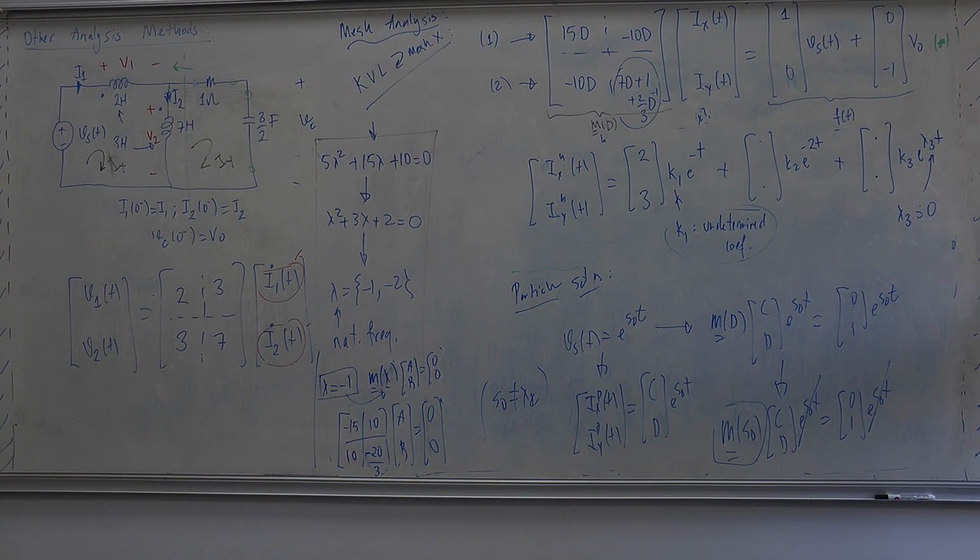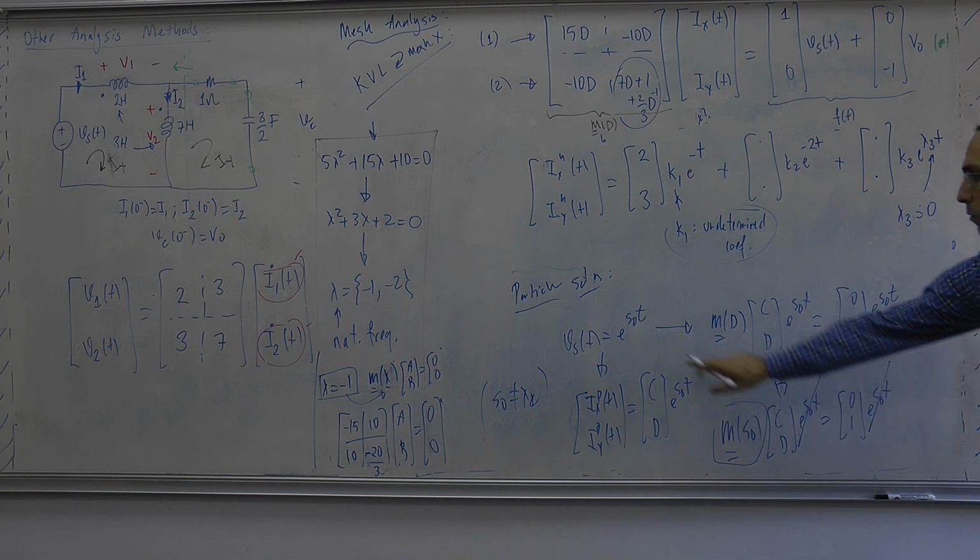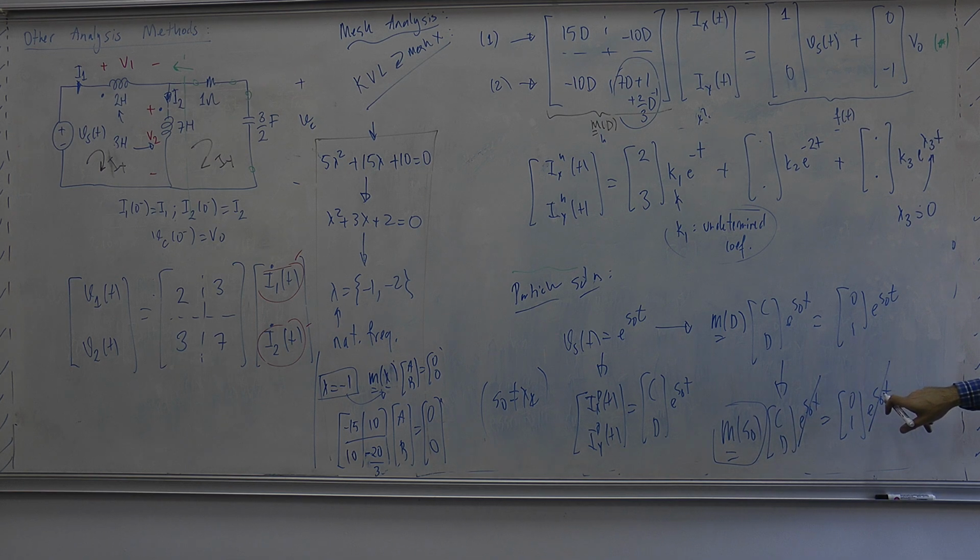That's the third natural frequency. So this matrix is invertible for this s naught value. Move it to the other side, and then you are done. Of course, you have to be a little bit careful because you have this term and so on, but the general principle applies all the time. So you don't need to worry about this.